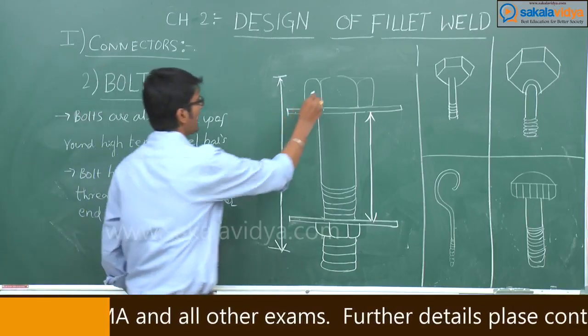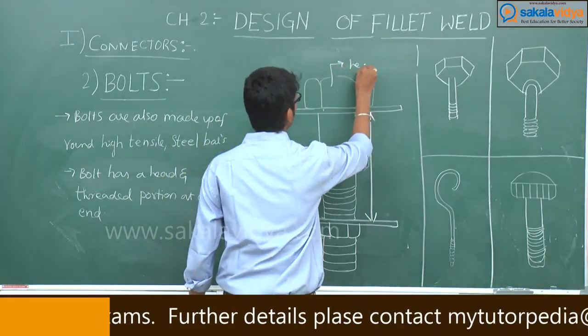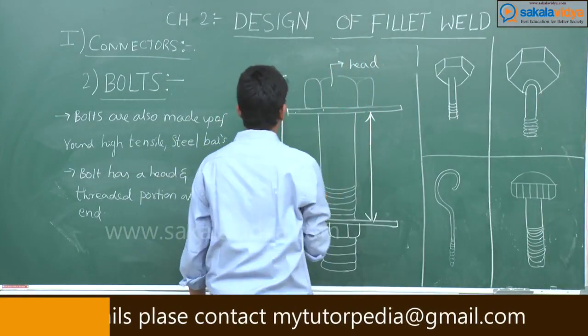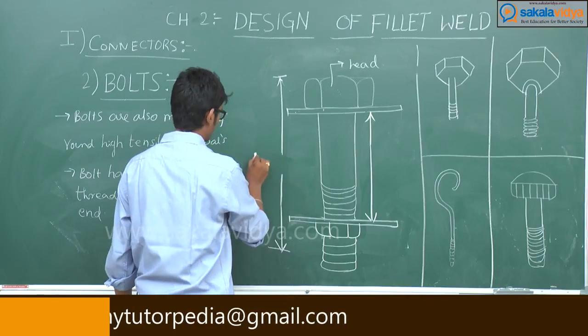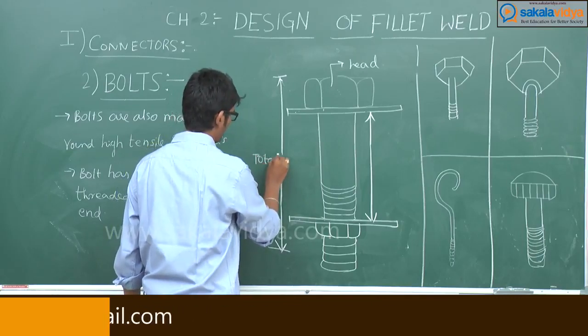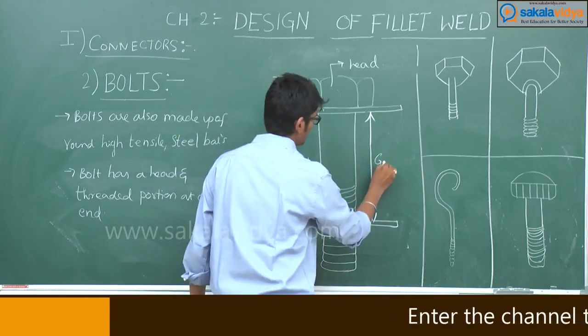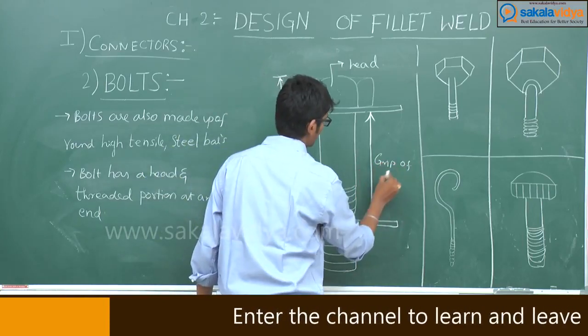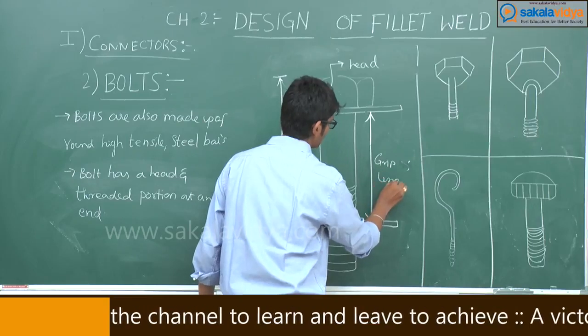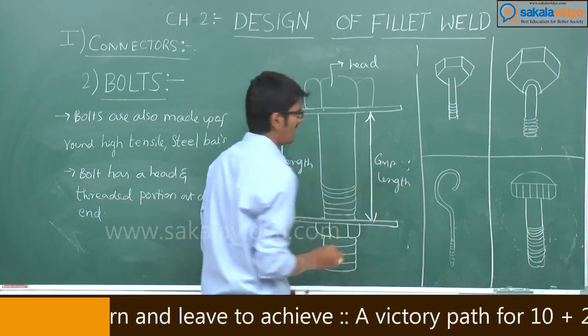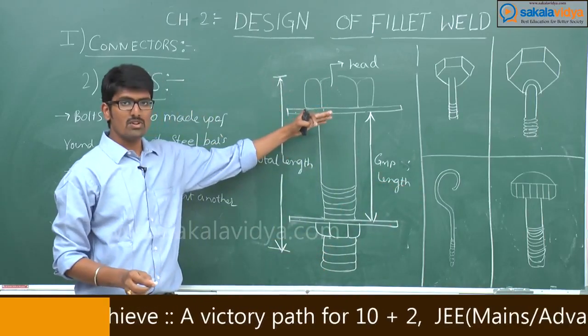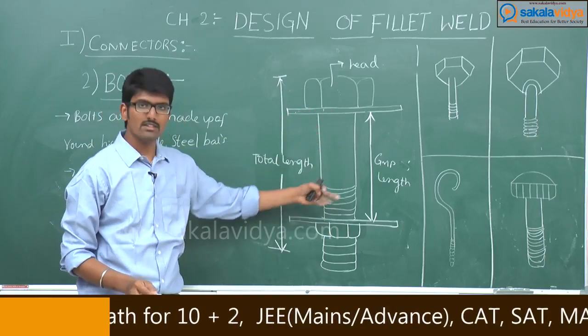This is the head of a bolt, and this is the total length of the bolt. This is called the grip of the bolt, or grip length: the length from the steel washer below the head to the steel washer above the nut.